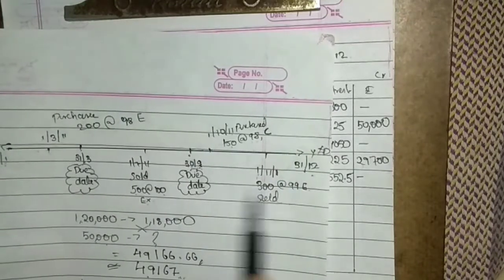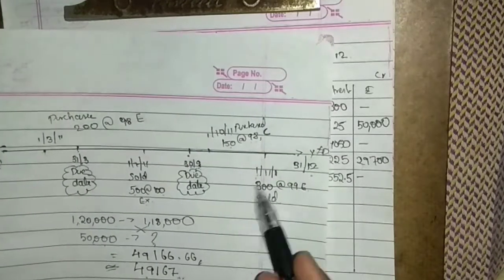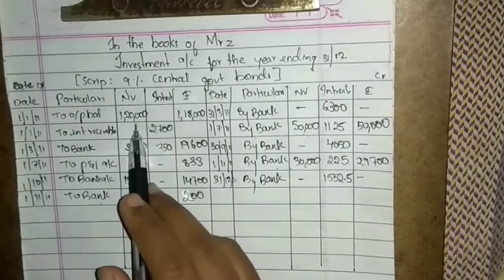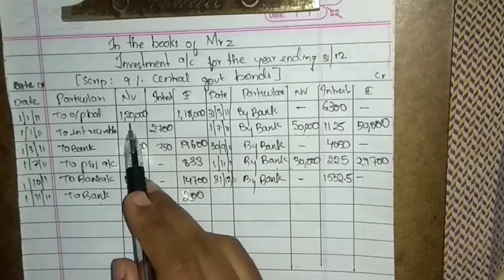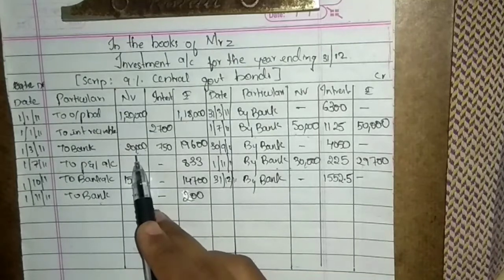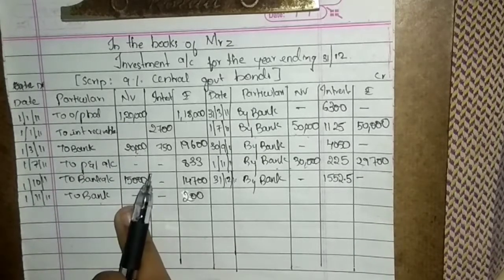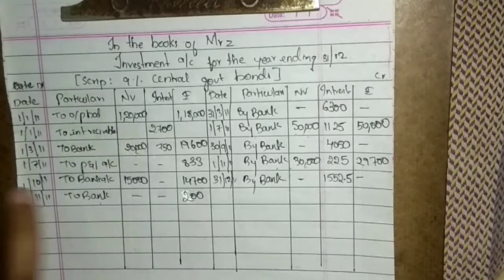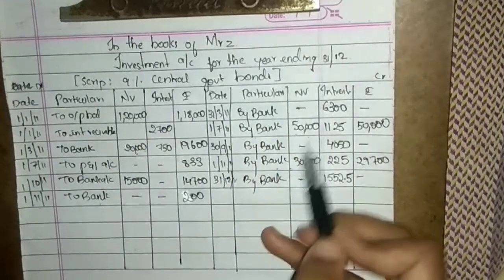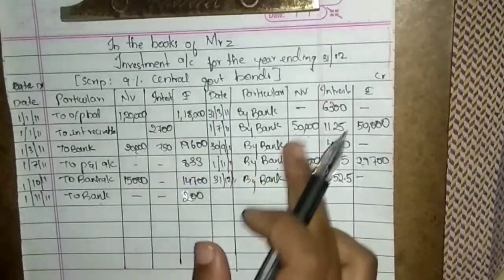3 months accrued interest on the value which is now in the stock. You know, you are having 1,20,000 plus 20,000. Next, this 15,000. You add that. Now you have sold 50,000.